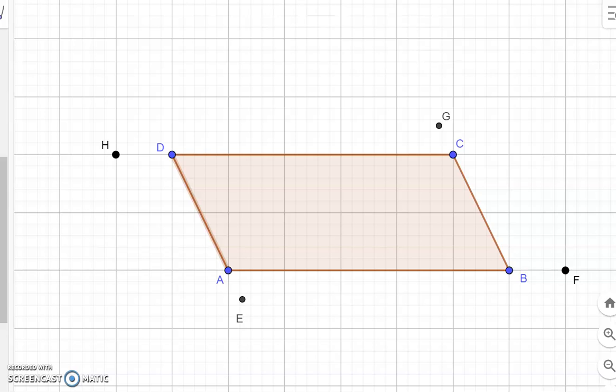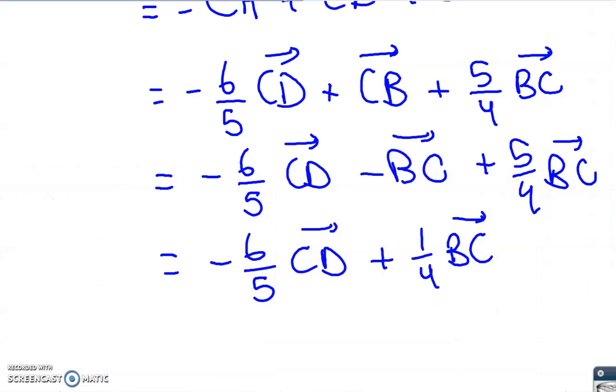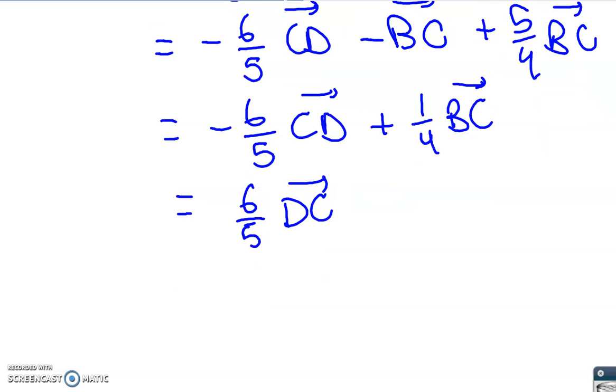AB is the same as DC. AB is DC, okay? So this is 6 over 5 DC, so it's 6 over 5 AB. So this is the same as 6 over 5 AB plus 1 over 4 BC.